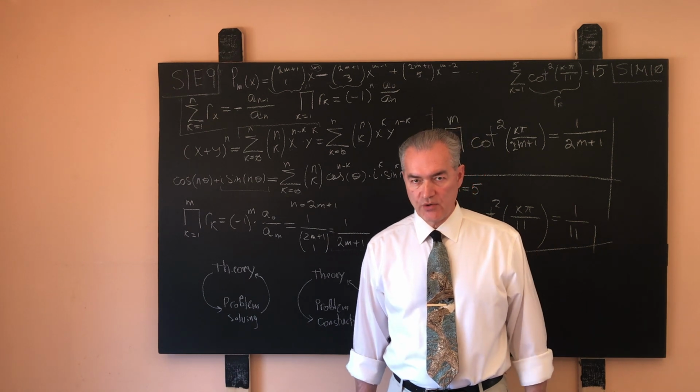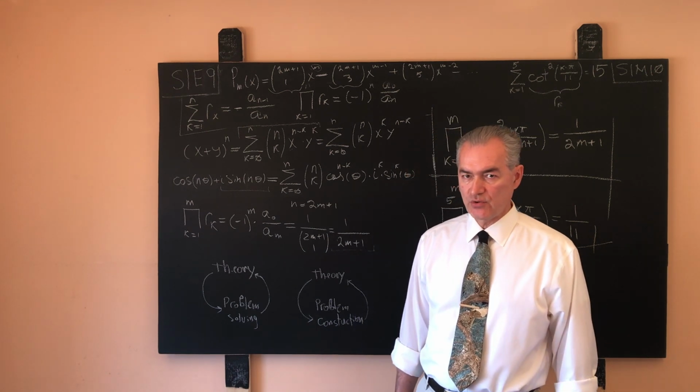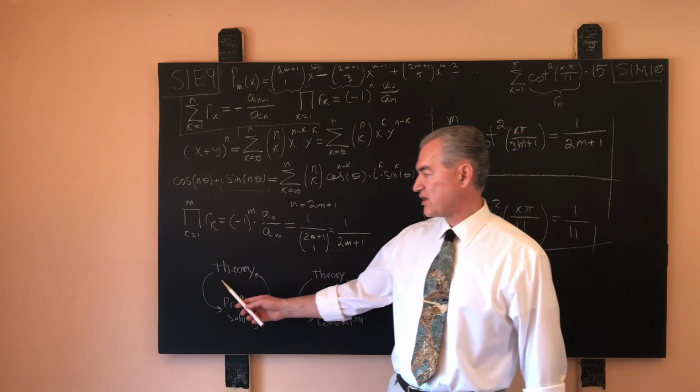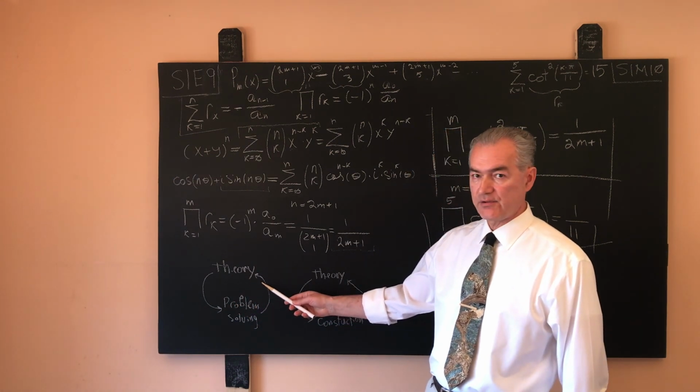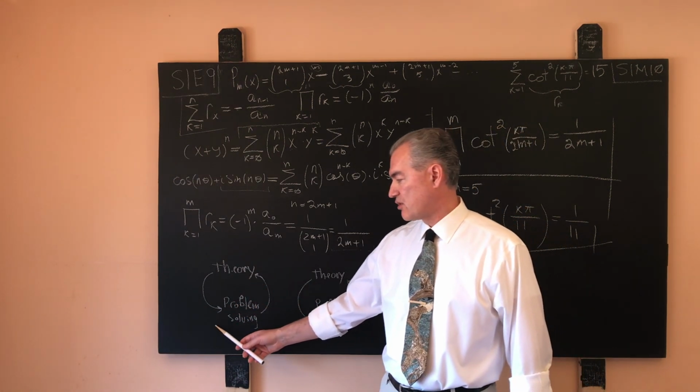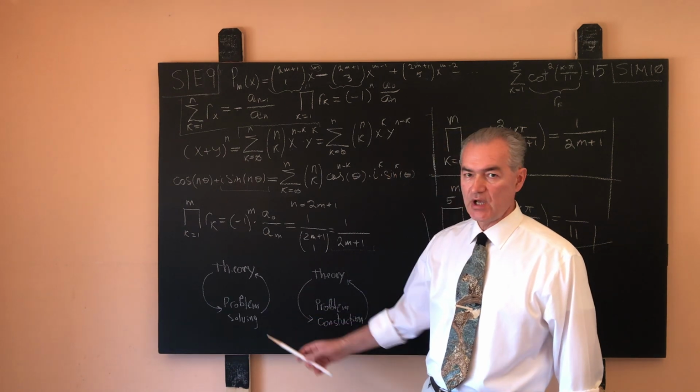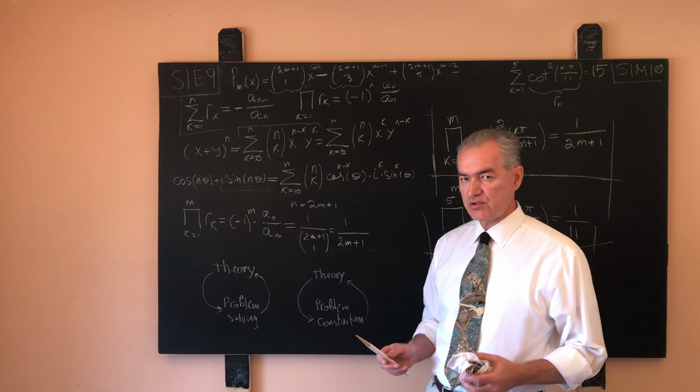Here, however, we know that back in season 1, episode 2, we observed that the process of studying a certain mathematical theory and the process of solving corresponding problems enjoy a mutually beneficial relationship.